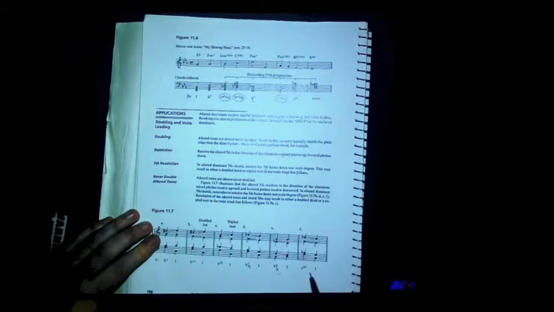So our 3rd and 5th are lowered, and they're both going to resolve down. And then our 7th is also going to resolve down. And even though our bass is also resolving down, which generally good voice leading principles tell us not to do, in this case, because of the altered notes, it's acceptable. Okay?